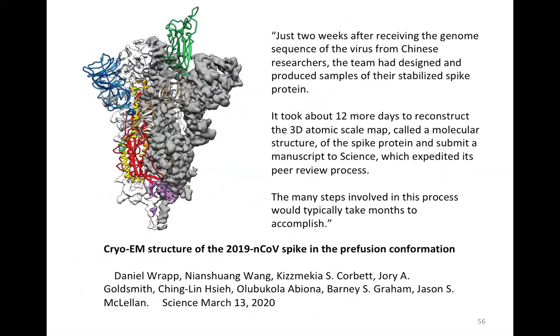X-ray crystallography. And I should, of course, in the terrible times that we have now, also show a cryo-EM structure of the 2019 COVID spike. This was obtained most recently by McLellan's group in Austin, Texas.